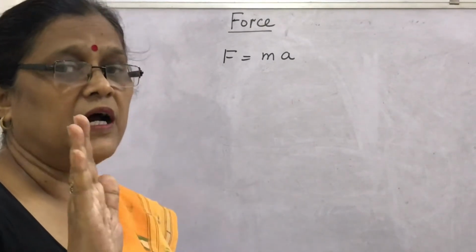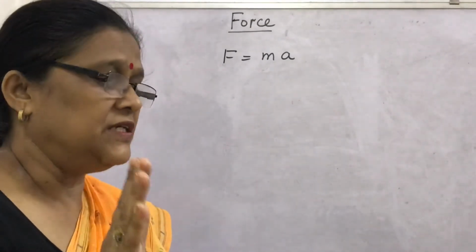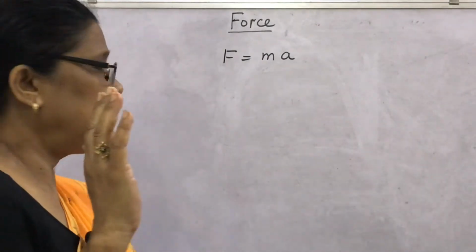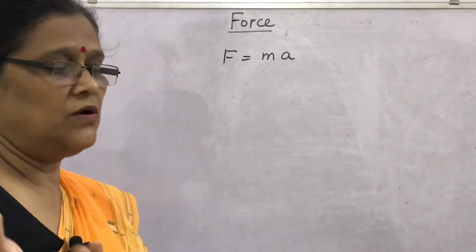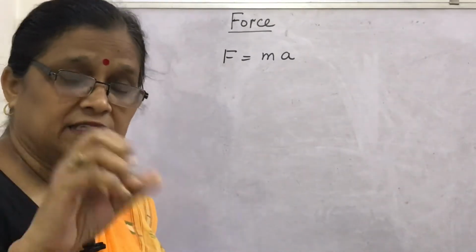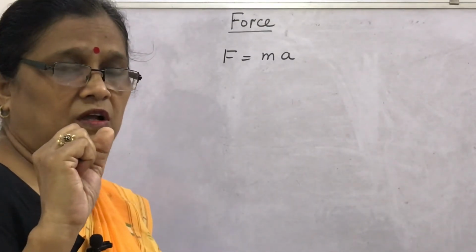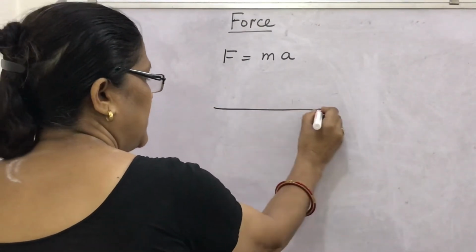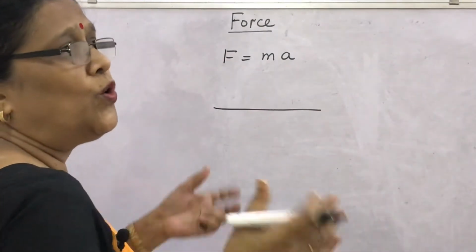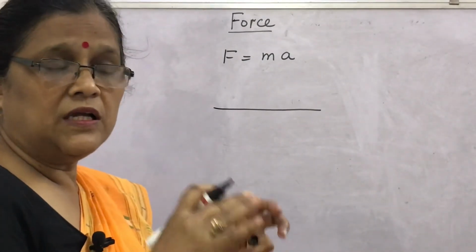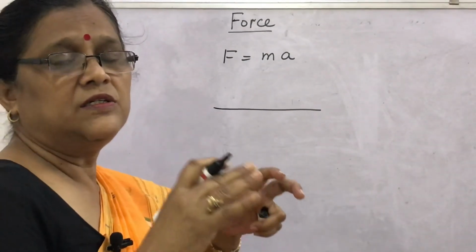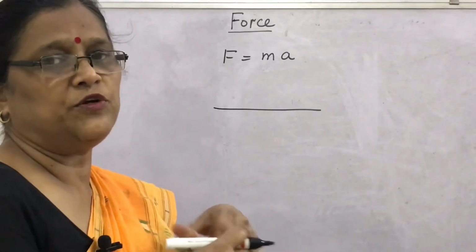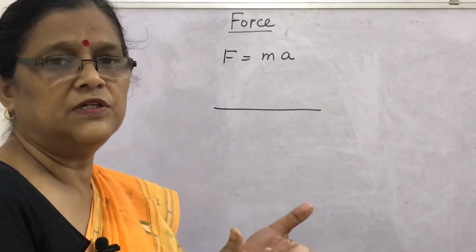Look, what I am telling you, force is that cause which produces acceleration in an object on which it acts. And if an object is under the effect of two or more forces and still doesn't change its position, then such a set of forces is said to be balanced force.